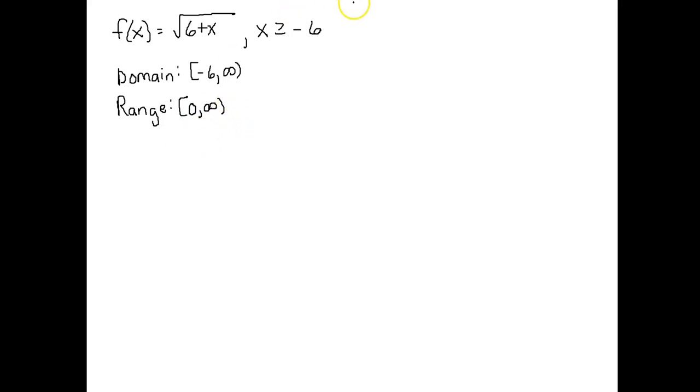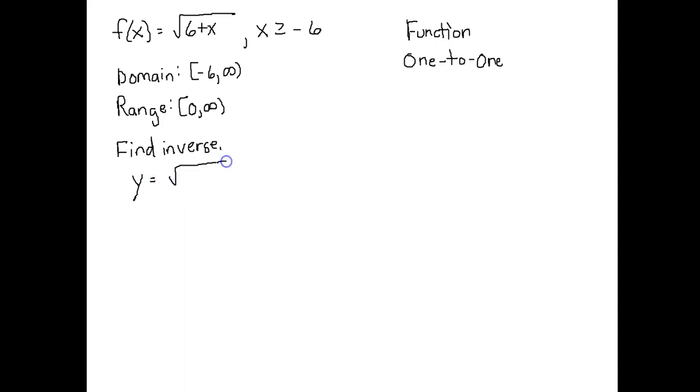Okay, this is a function. And it is one-to-one. It would pass the horizontal line test. It passes both the vertical line test and the horizontal line test. So we want to find the inverse. So we'll write it as y equals the square root of 6 plus x.